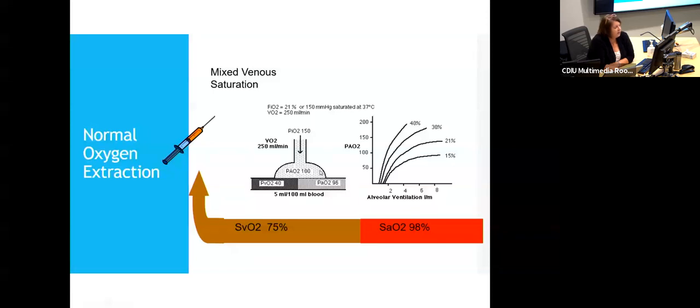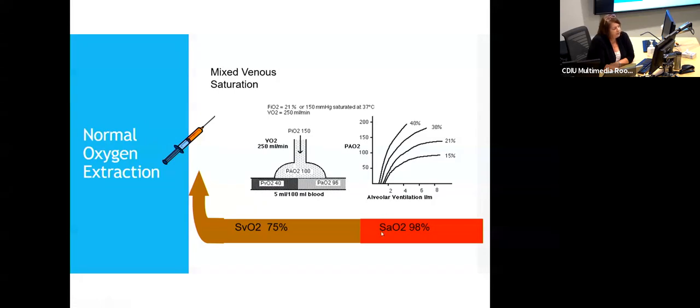It then will step down into my arterial system, and for you and me, we have probably a PaO2, so arterial PO2, of about 80 to 100 millimeters of mercury. The blood then circulates throughout our body and then comes back into the venous system.